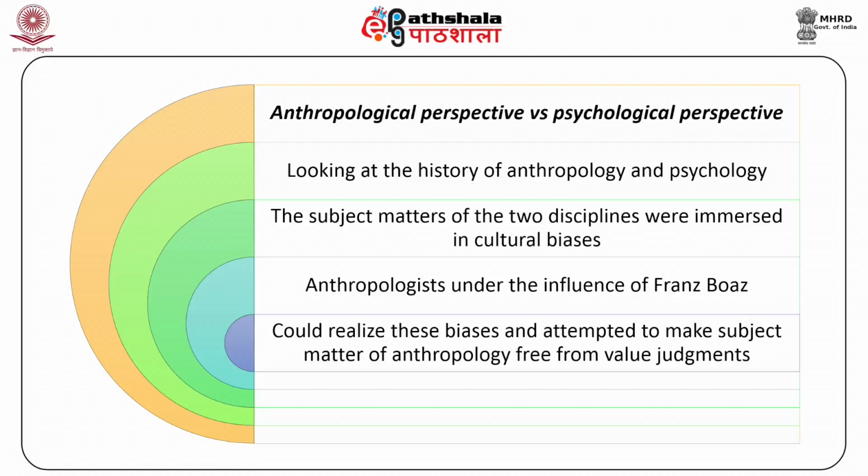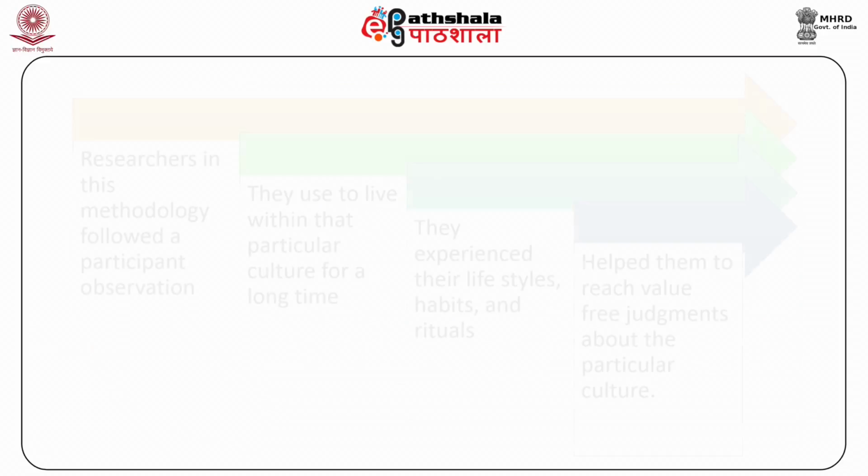Anthropologists, under the influence of Franz Boas in 1911, realized these biases and attempted to make the subject matter of anthropology free from value judgments. They took a neutral standpoint by undertaking ethnographic studies.